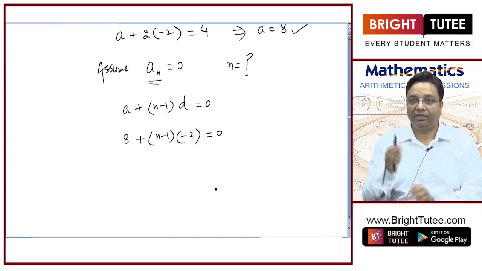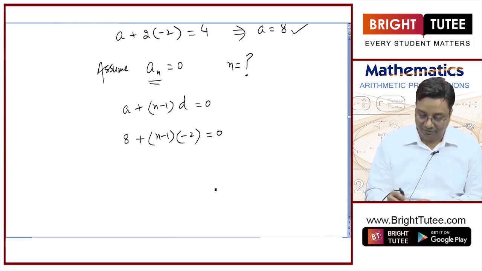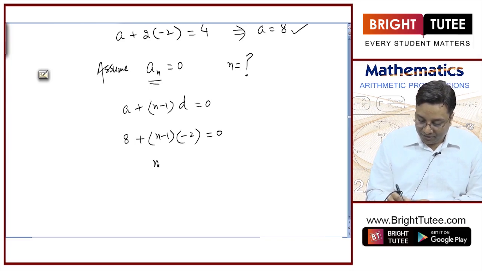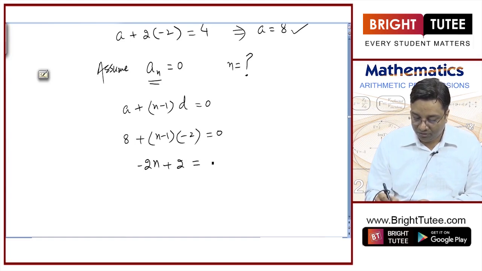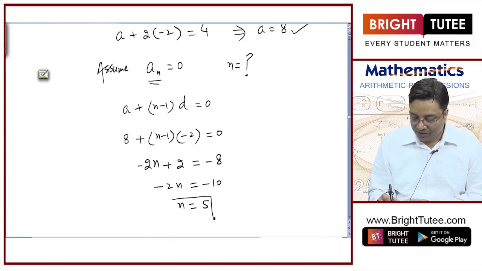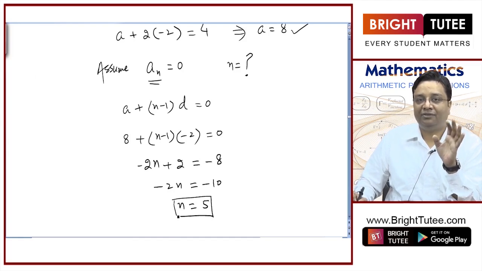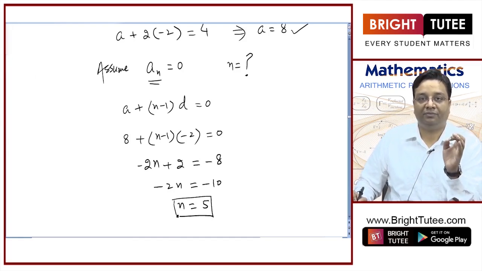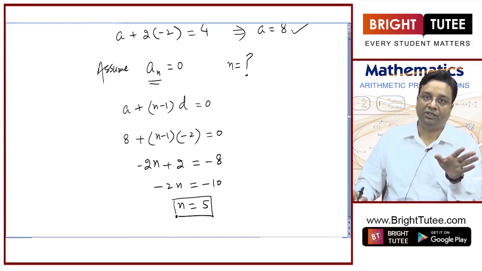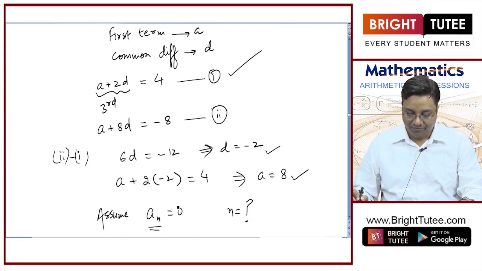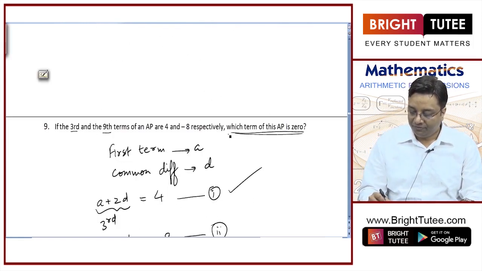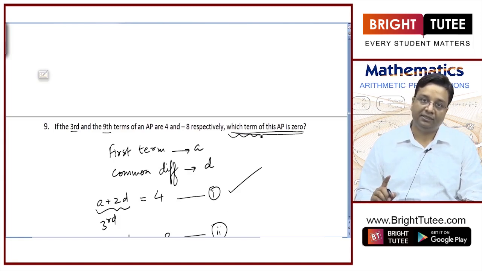Let us find the value of n first. 8 plus n minus 2n plus 2 is equal to 0, so minus 2n equal to minus 10, hence n is equal to 5. So I have got an integral value of n. So I can say that the fifth term of this given AP is going to be equal to 0, right? So the fifth term of this AP is 0.